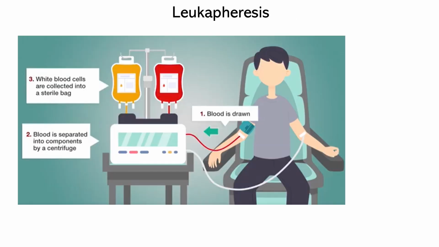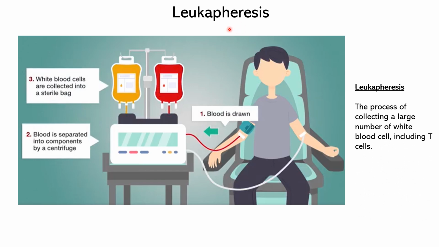Okay, so after determining the antigens that we need to target within the tumor site of that patient, we start with taking the T cells out of the patient in a process called leukapheresis. Okay, so this process involves three main steps. It starts with drawing the blood from the patient using a machine similar to that one.